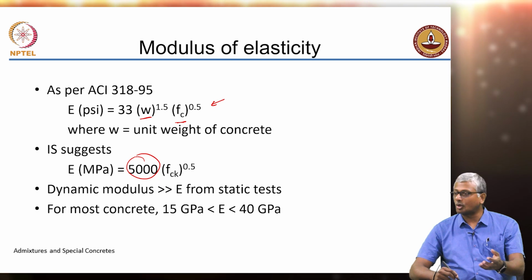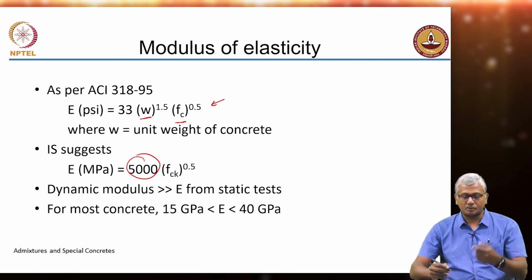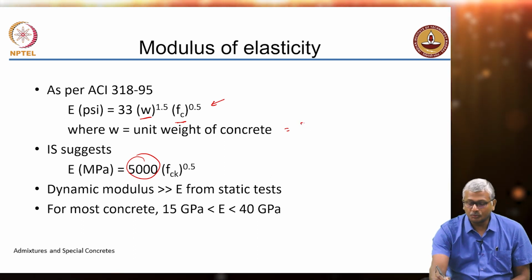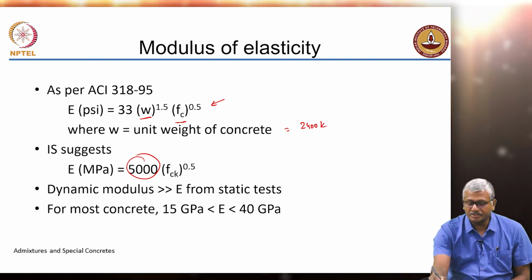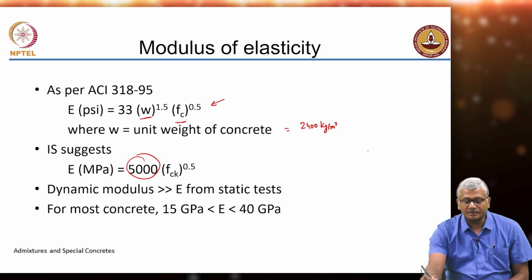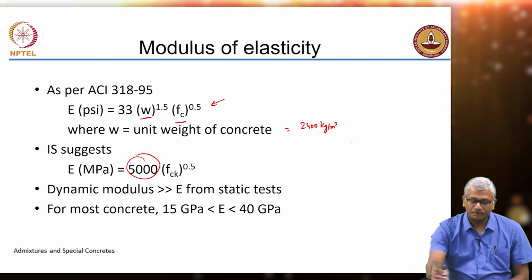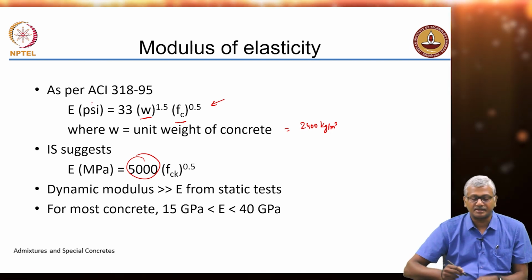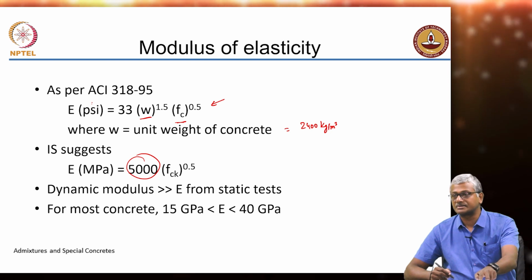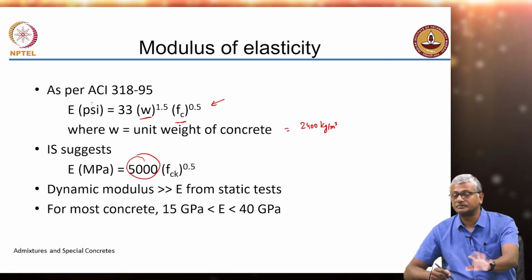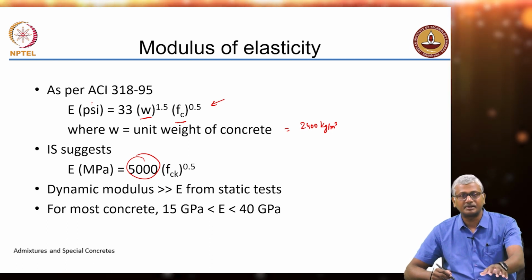If you substitute your normal unit weight of concrete, which is how much? 2400 kg per cubic meter, right? If you use that value for unit weight, you will actually end up getting something like this. Of course, you need to do a conversion from your PSI. Here the unit weight of concrete is in pounds per cubic foot. So all very complicated relationships there.